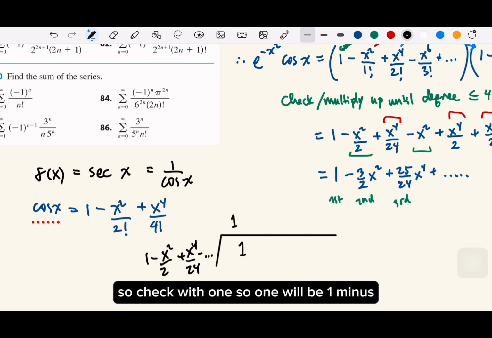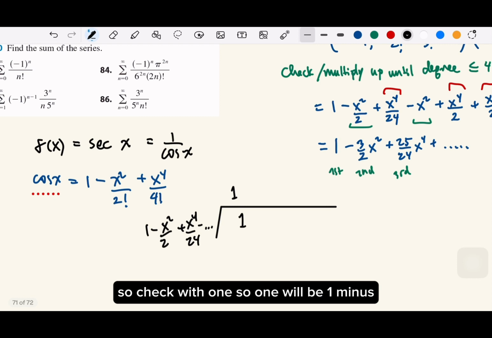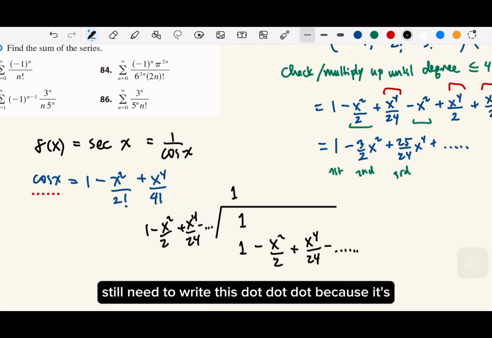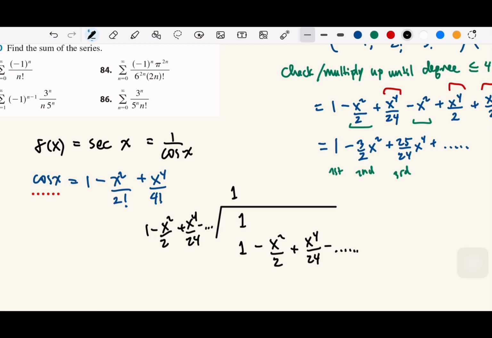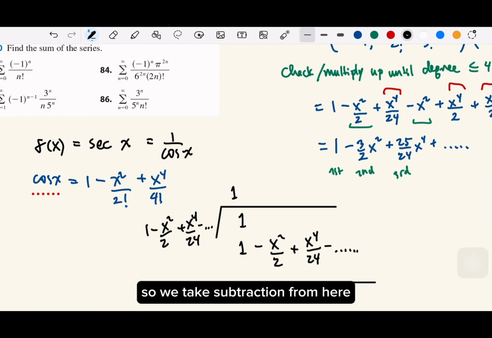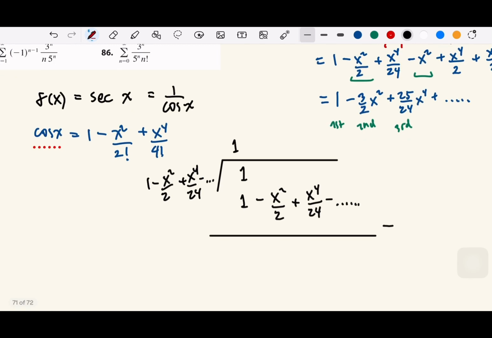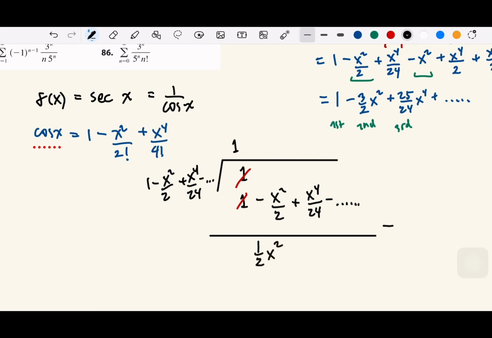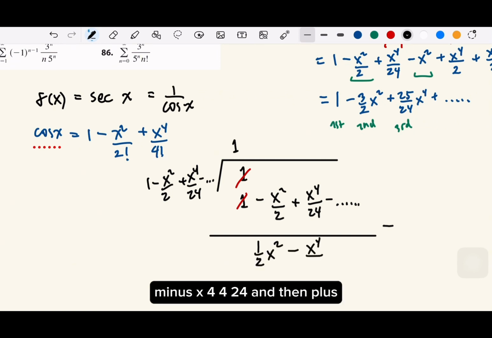So check with 1. So 1 will be 1 minus. Remember that you still need to write this dot dot dot because it's actually the expansion. So we take the subtraction from here. Subtract this, then we have half x squared minus x to the power 4 over 24, and then plus.